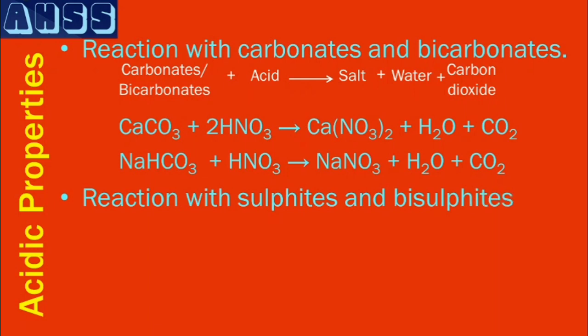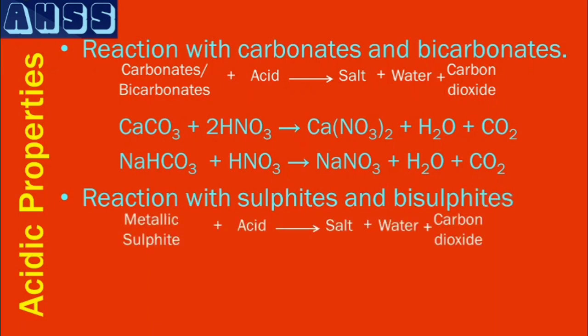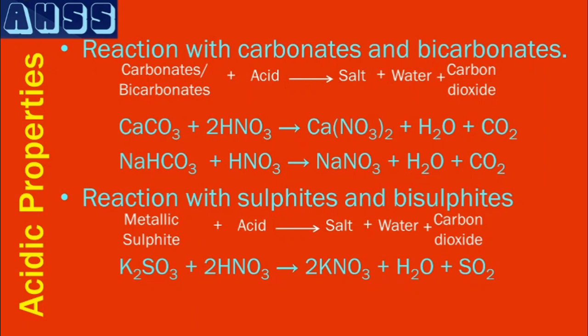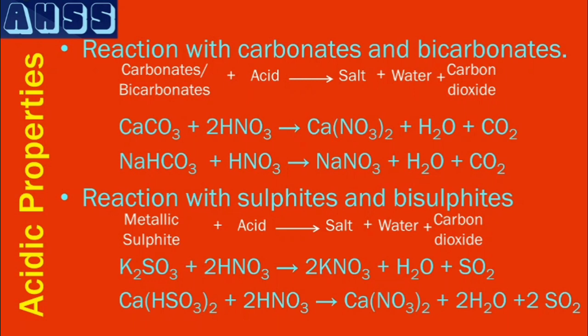Reaction with sulfides and bisulfides. When metallic sulfide reacts with nitric acid, nitrate salt is formed along with water and sulfur dioxide. For example, potassium sulfide reacts with nitric acid to give potassium nitrate, water and sulfur dioxide. When calcium bisulfide reacts with nitric acid, it gives calcium nitrate, water and sulfur dioxide.